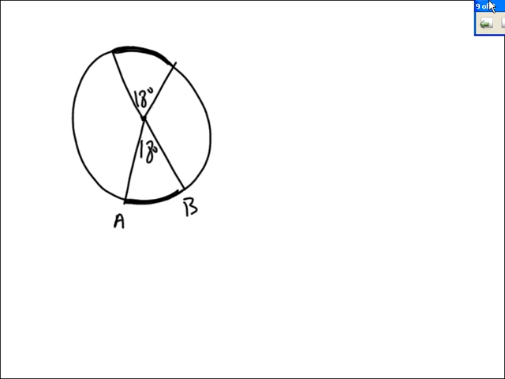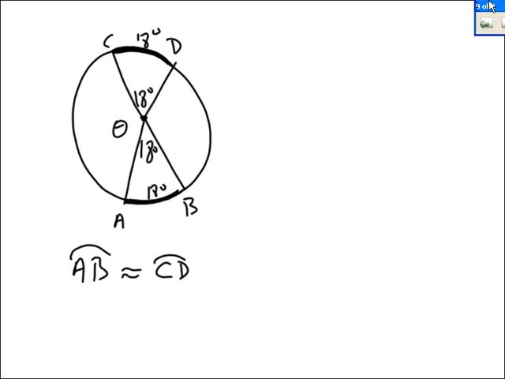Call this AB, so that's 18 degrees, and call this CD, so that's 18 degrees. We can say arc AB is congruent to arc CD. And we'll call this circle O.